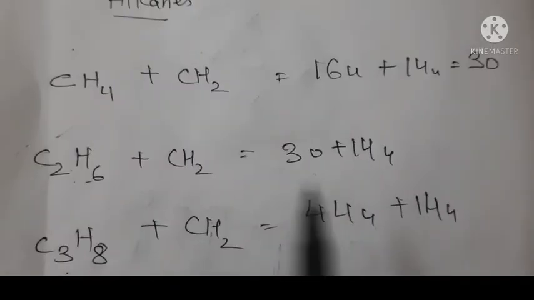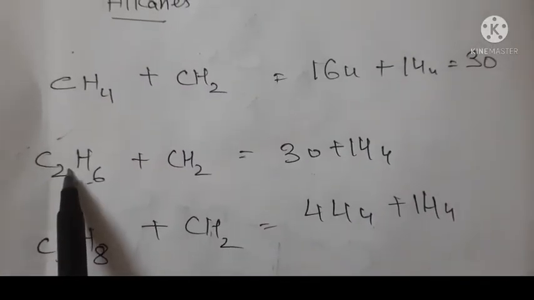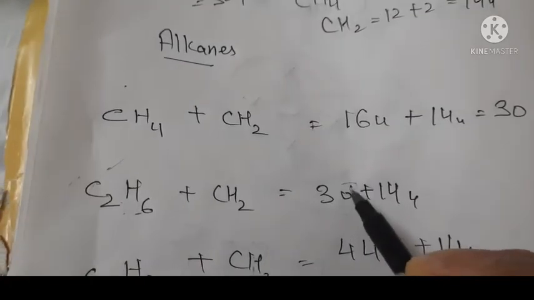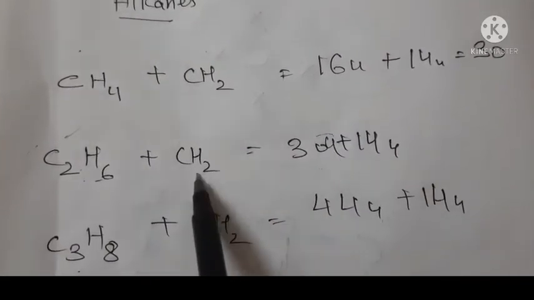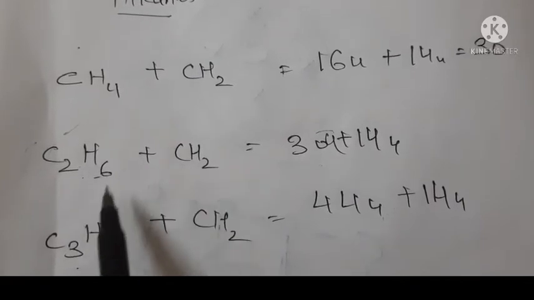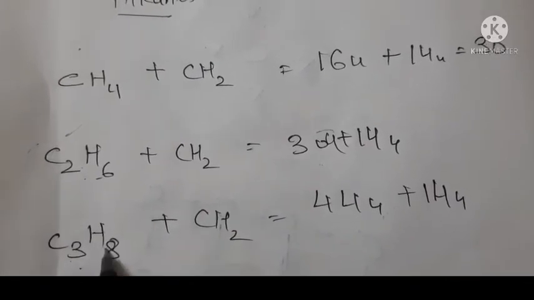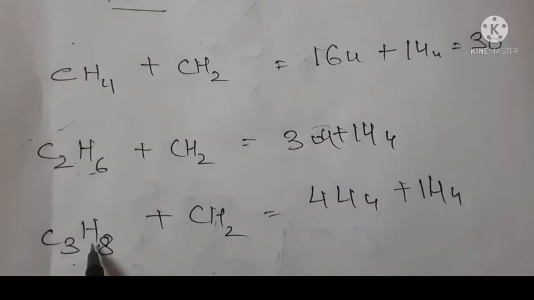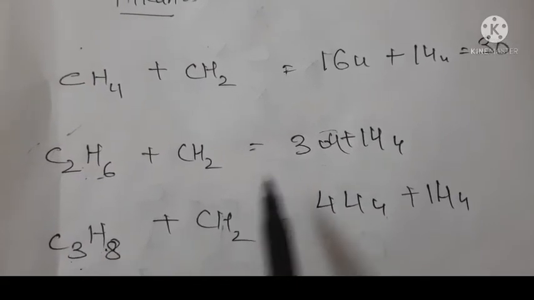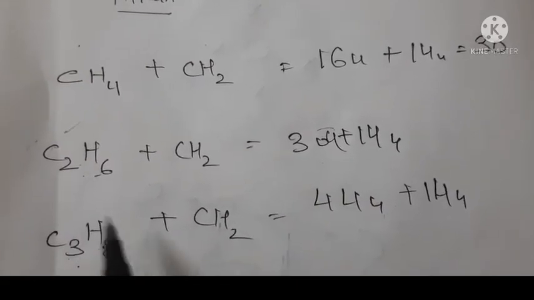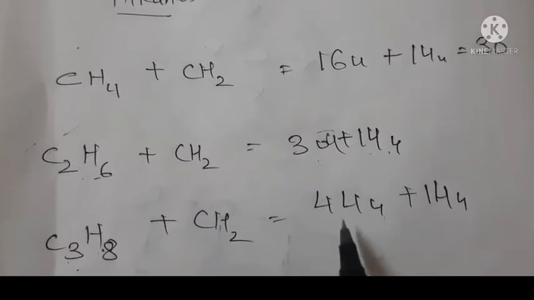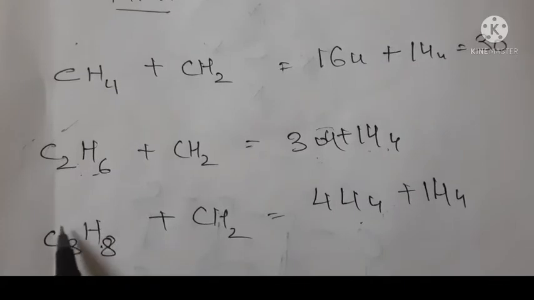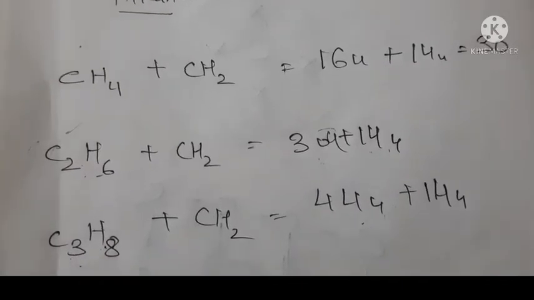Just see here, again here also this is the weight, 30 units, this is the weight of this hydrocarbon ethane. Now this is the CH2 group. Now when these two are added, you will get C3H8. This is the formula of propane. And if you want to know the weight, to 30 units, when we add 14 units, we get 44 units. And you can check also, the weight of propane is 44 units.